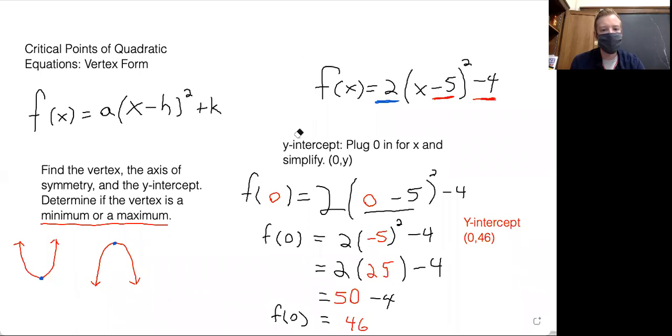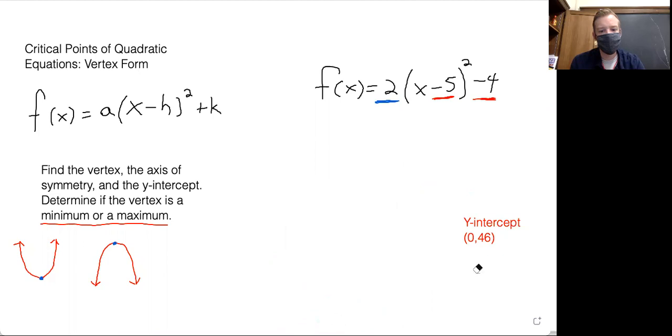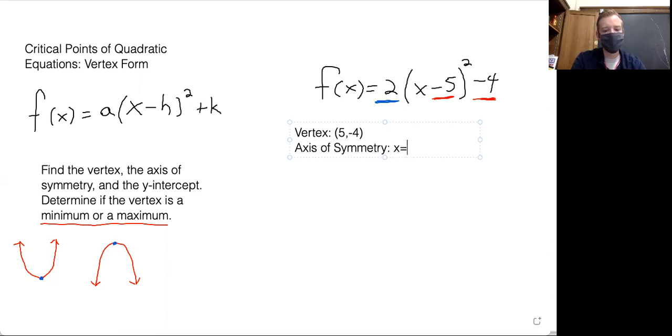So if we put everything back together, without all the extra text here, we said that the vertex was the point +5, -4. We said that the axis of symmetry was x equals +5.